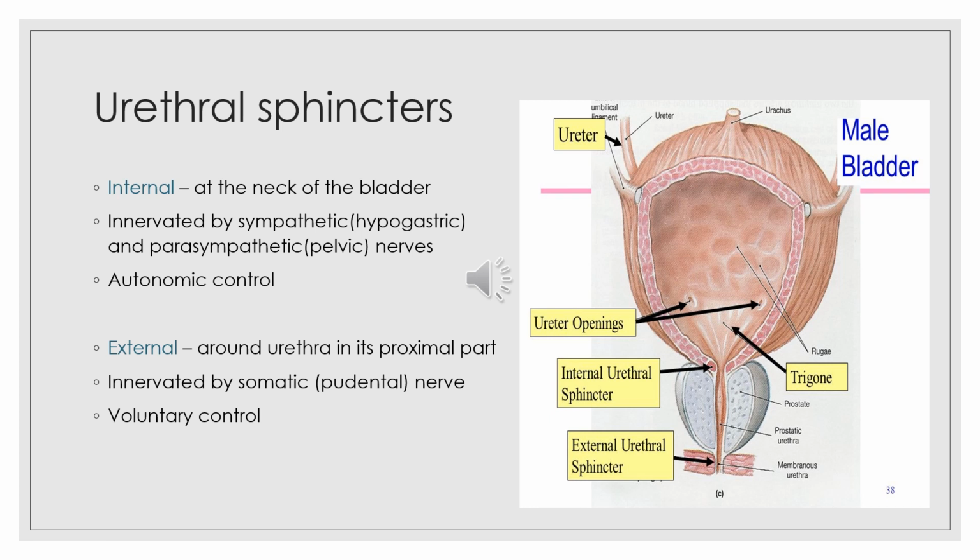And the external urethral sphincter is located in the urogenital diaphragm, that is around the urethra in its proximal part, and is formed of circular skeletal muscle fibers. And this external sphincter is innervated by the somatic pudendal nerve, and therefore it is under voluntary control.